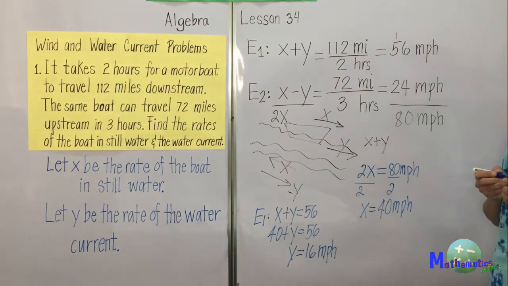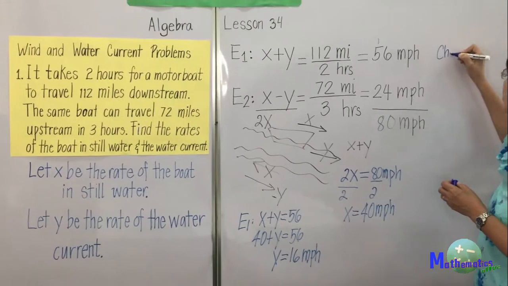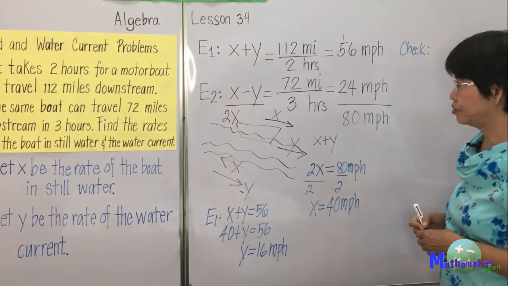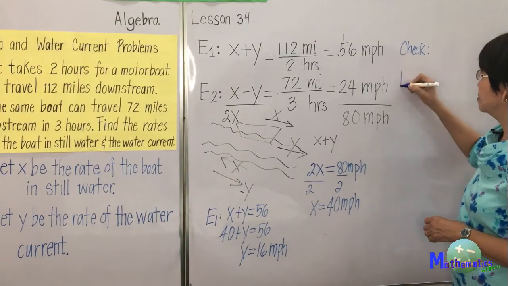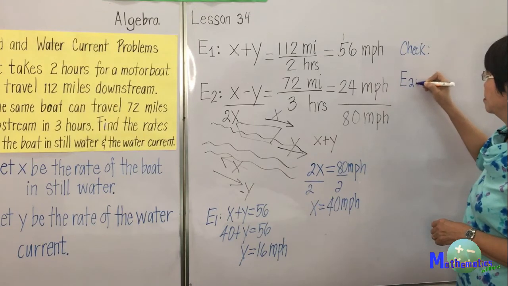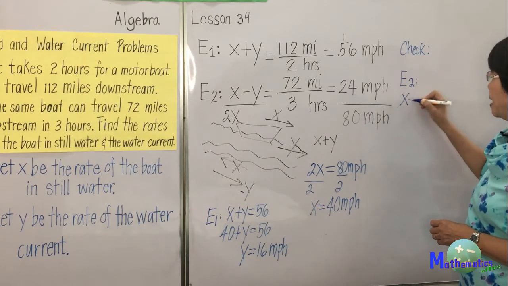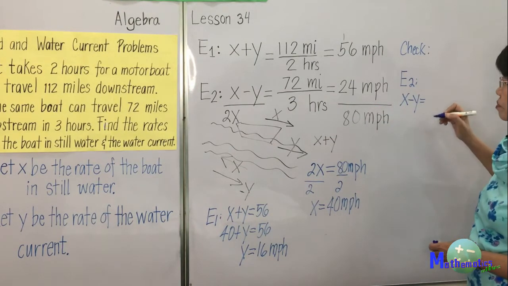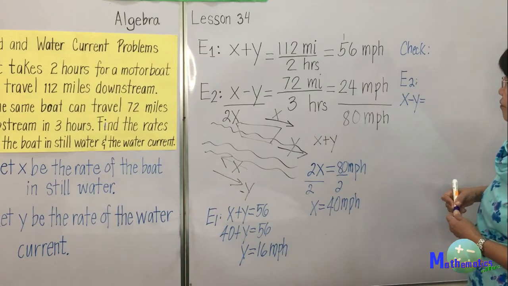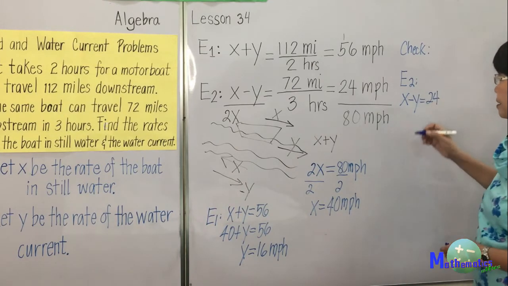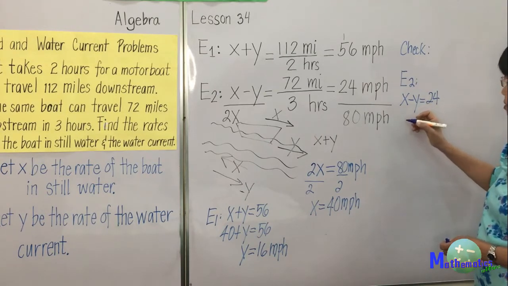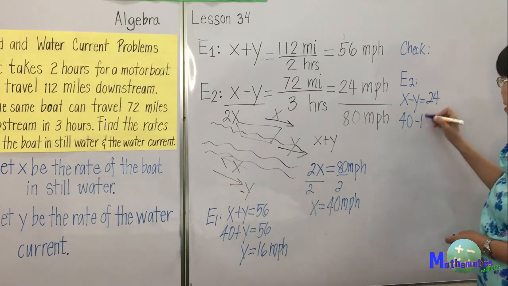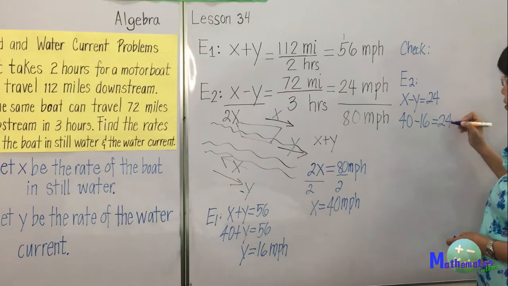And then checking this, we can use any of the two equations. So we will use equation 2. x minus y equals 24, and then substitute x is equal to 40, and y is equal to 16, equals 24.